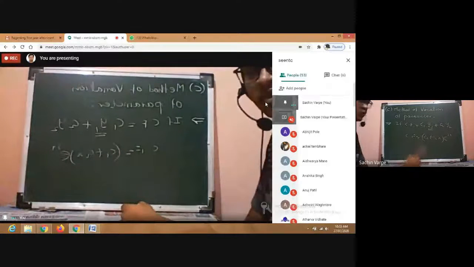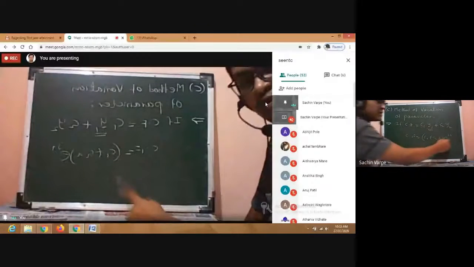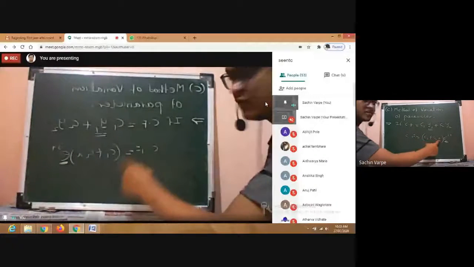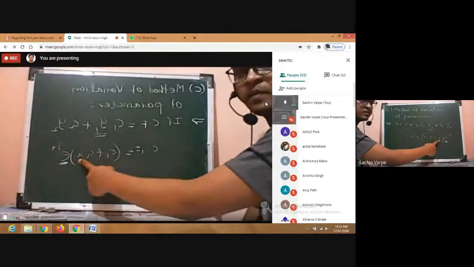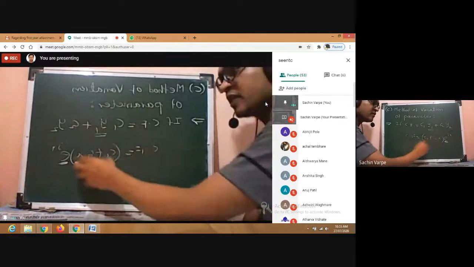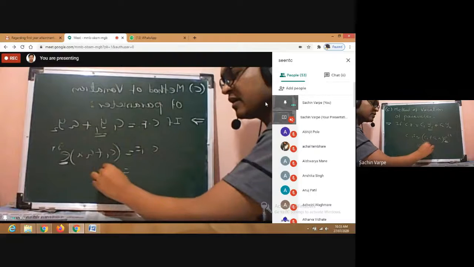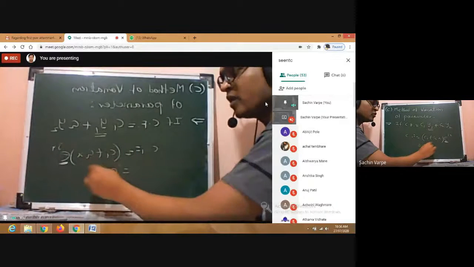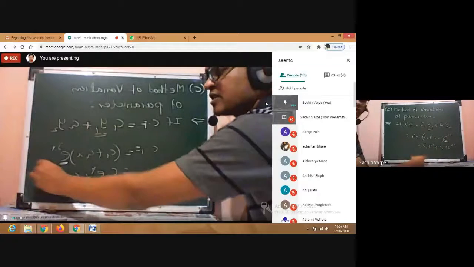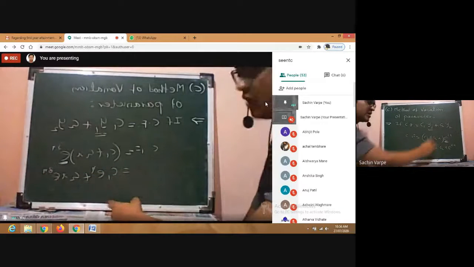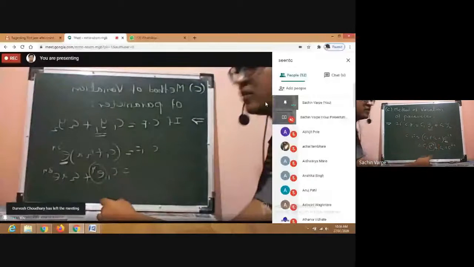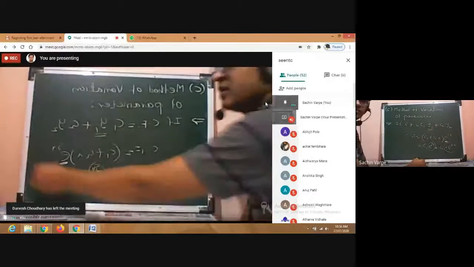I cannot say y1 is 1 and y2 is x. y1 and y2 are the complete functions of x, so I have to expand this bracket first. I'll write c1 into e raised to 3x plus c2 into x e raised to 3x. Now I can say y1 is e raised to 3x and y2 is x e raised to 3x.